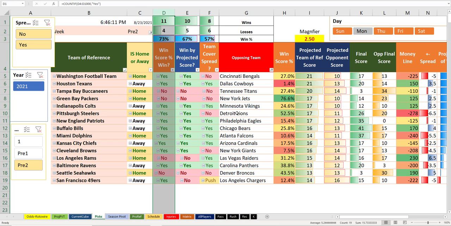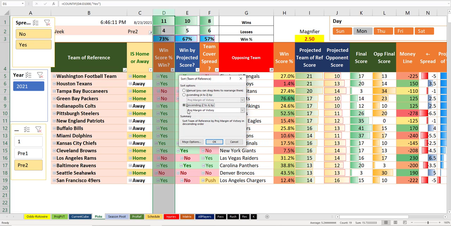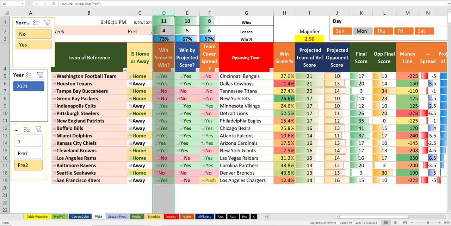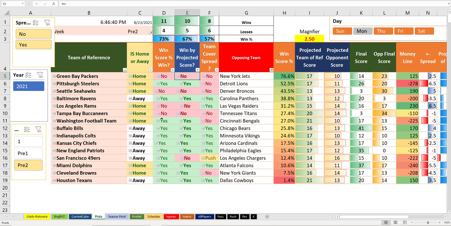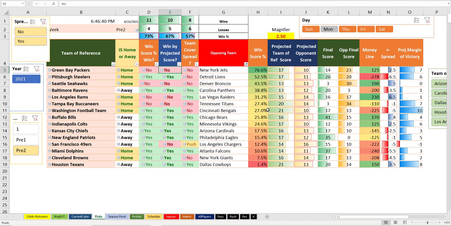So everything was good. You can sort this by win score. I didn't think win score was also as good. Sort this by win score descending. Yeah, we lost up top, and then we won all the rest of them. Amazing. Amazing stuff. Fascinating. So in a lot of ways, it was a pretty good week almost every way you look at it.